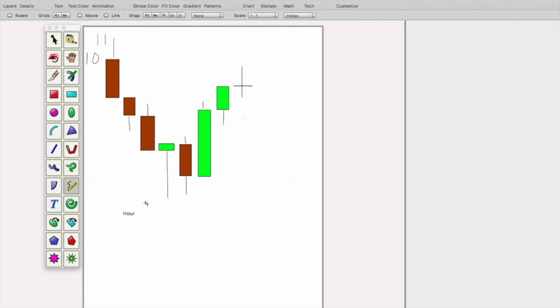Let's give this low over here. Let's say it got down to 10 cents. And guys, this is just random prices I'm throwing out just to give an example. So 10 cents. This candle used to be at about 11 cents down here.